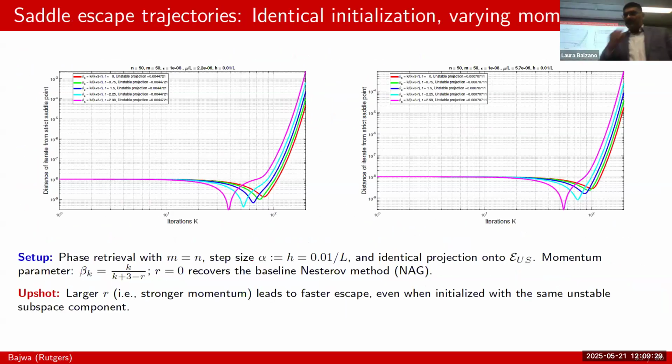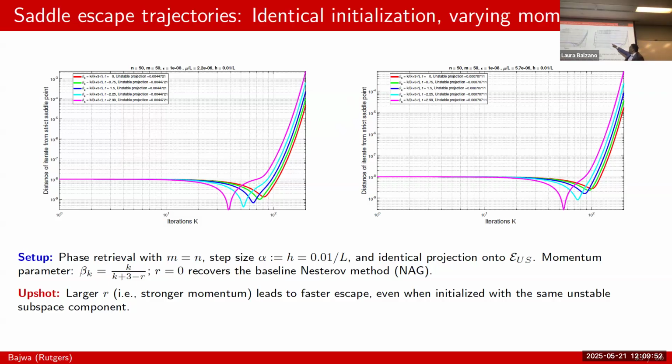So we can do some experiments, and here I'll just show one result. This is for the case where k over k plus 3 minus r, with r equal to 0, is Nesterov's method. And these are the projection values, all the parameters are above.